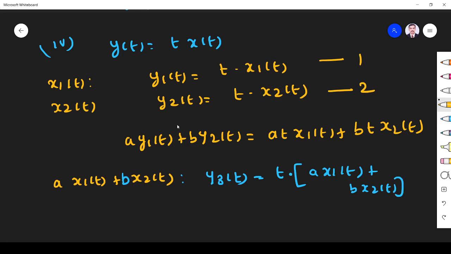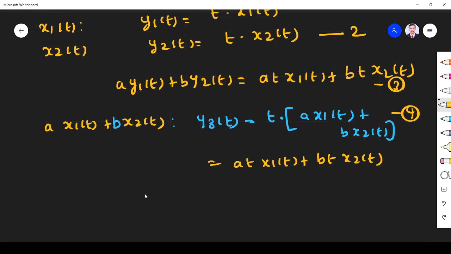Now you see, this is equation number 3, this is equation number 4. So you check whether both are same. It is same only. If you multiply, a t x1 of t plus b t x2 of t. So 3 is equal to 4. So it is a linear system.